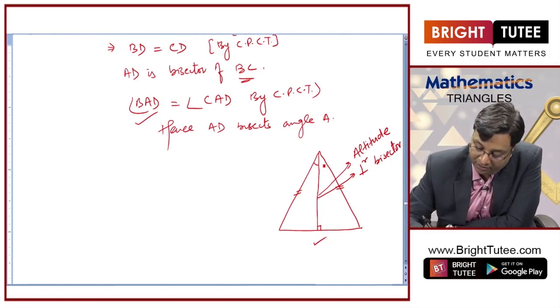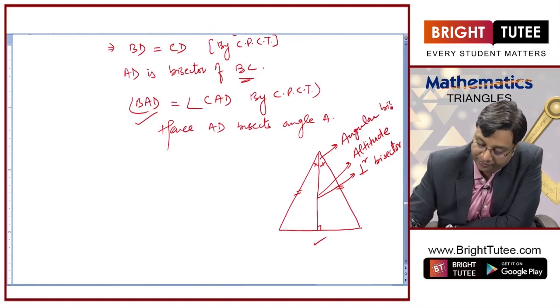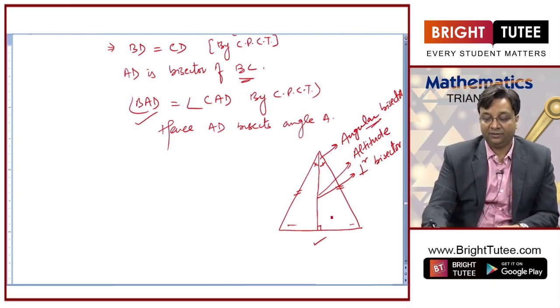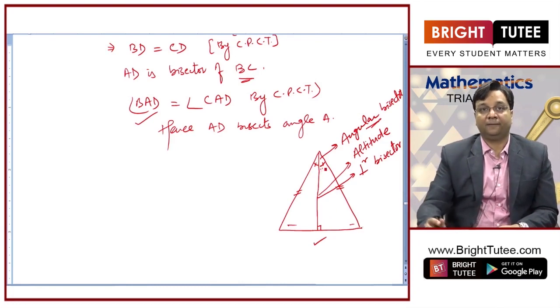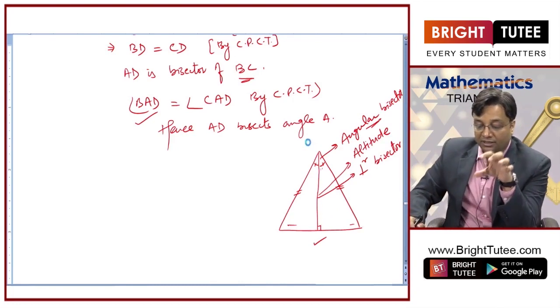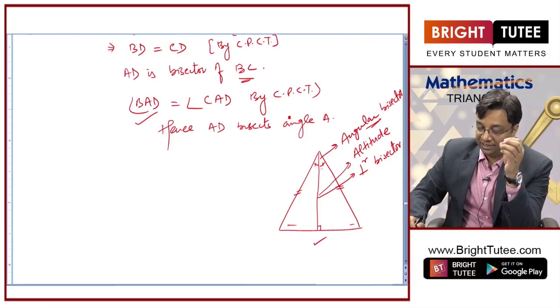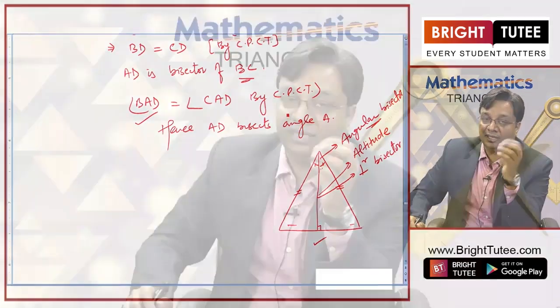It is also angular bisector of the unequal angle, you can say. These are base angles, right? So the altitude is perpendicular bisector as well as angular bisector as well as altitude in case of an isosceles triangle, right?